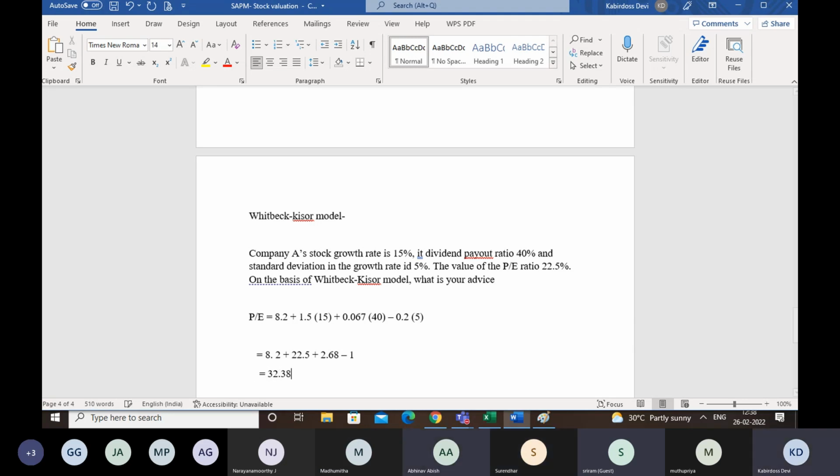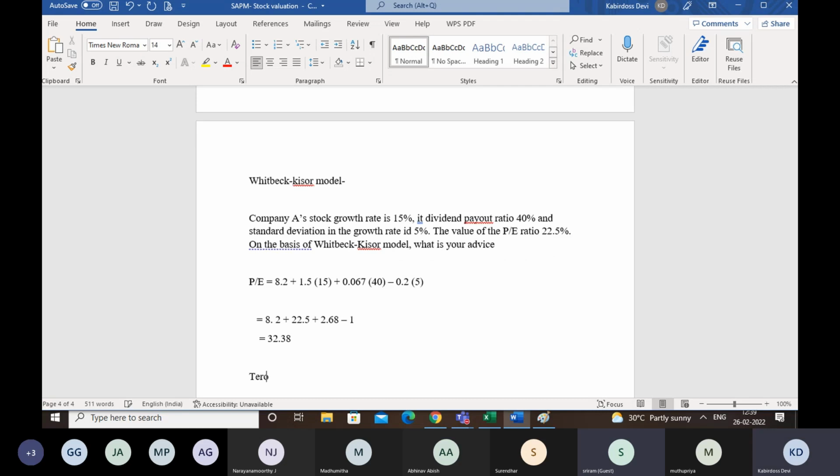See, this is actually the theoretical PE, right? When the theoretical PE is greater than the actual PE, what is the strategy?